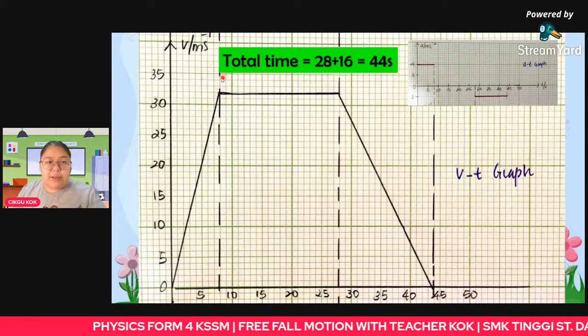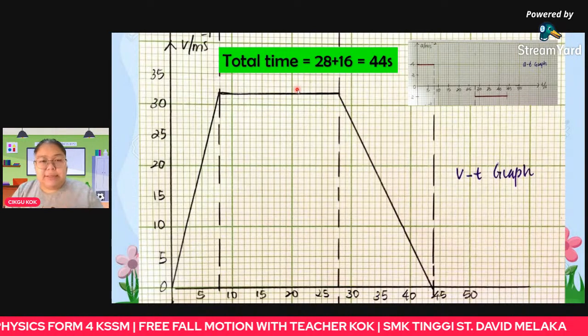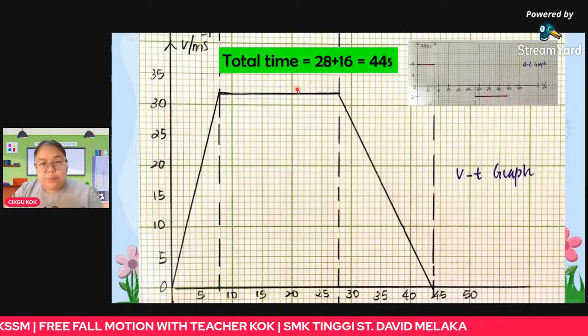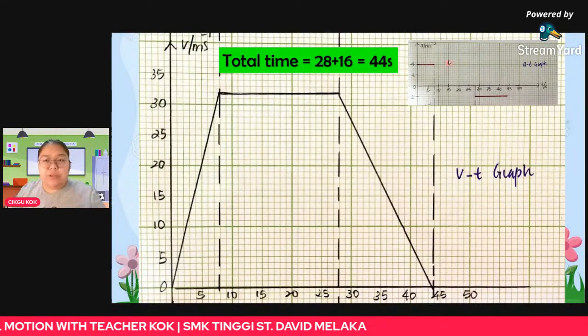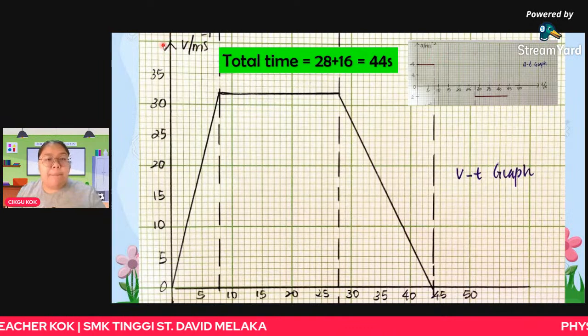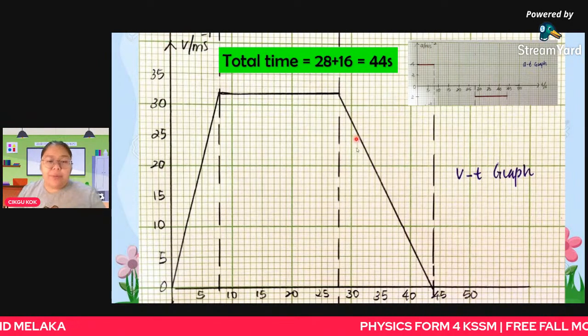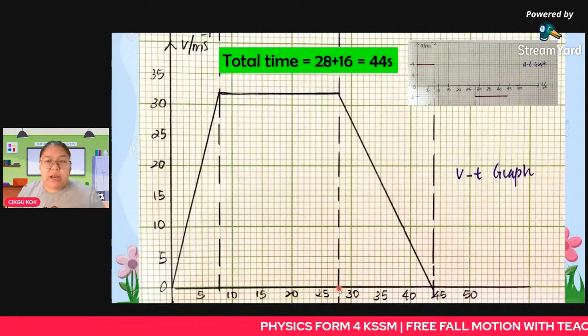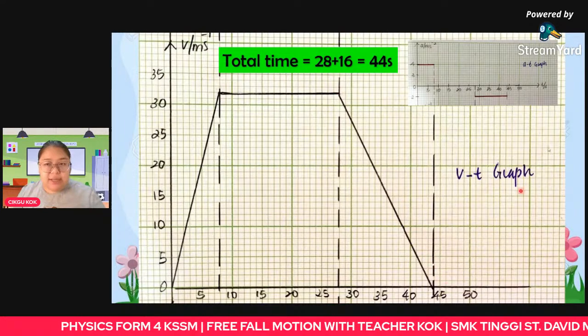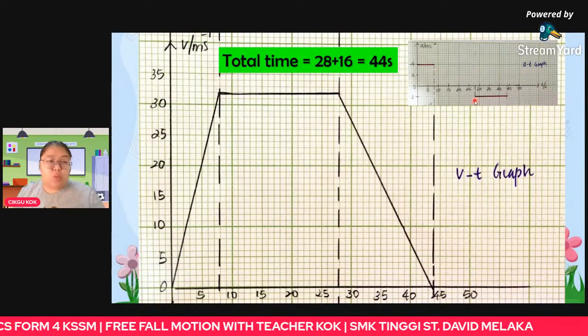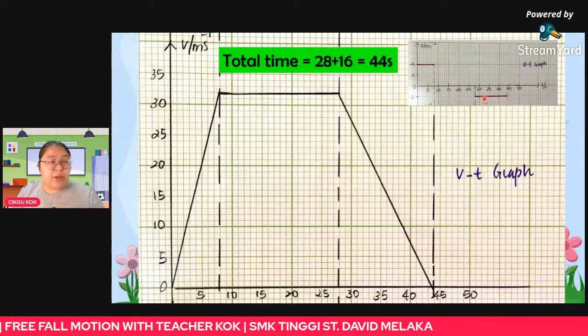The center is the second graph, above should be the acceleration graph. This paper, actually, I put at the top. On the whole graph paper, we draw 3 graphs. So from here, after 28, we continue to the last part. The last part is a deceleration, is it? So deceleration until negative 2 m/s².